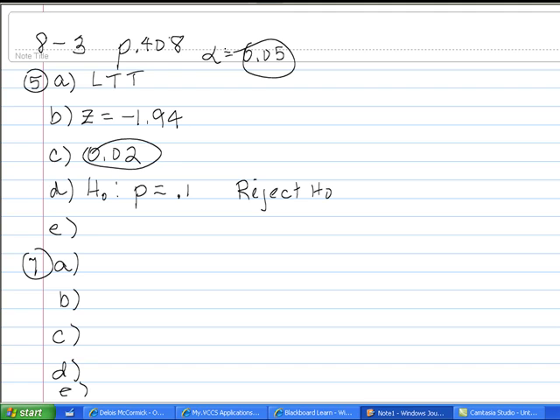Alright, so now we're ready to write our conclusion. It looks like, from a test of the claim that less than 10%, we've rejected the null hypothesis. That means the data support the claim.